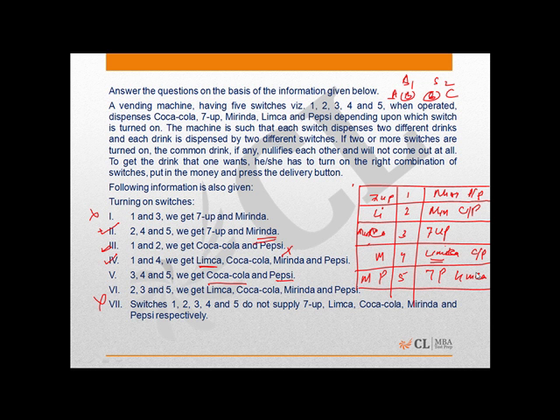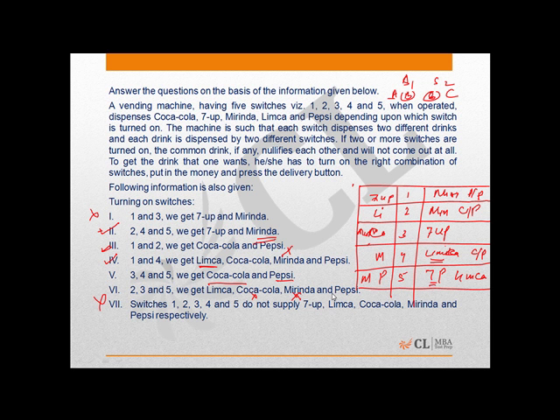Now coming to the last statement, in which it is given that when 2, 3 and 5 are turned on we get Limca, Coke, Mirinda and Pepsi. From here it is obvious that 7 Up gets cancelled out because it is common between 3 and 5, and Coke is not dispensed by 3. Mirinda is dispensed by 1 and 2, so it will not be dispensed by 3. Moreover, it is already known.